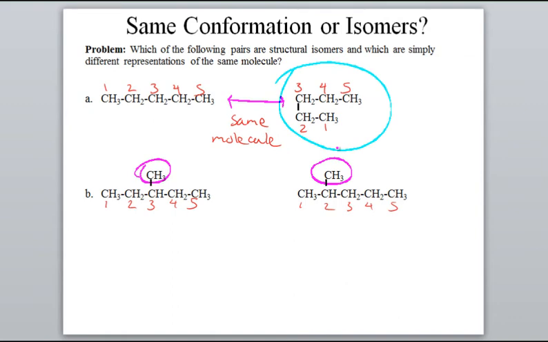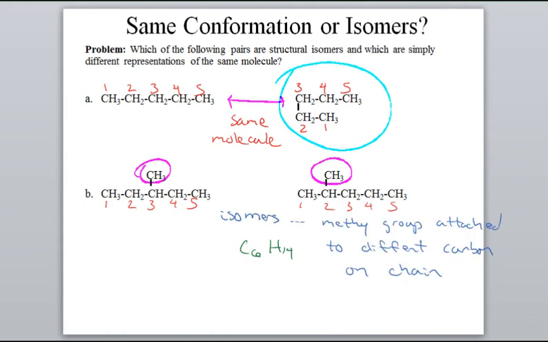For one of them, it's the very middle one, carbon number 3. For the other, it's carbon number 2. They both have the same formula. That's what makes them possibly isomers. So they're C6H14, but they have different locations of their attached group, so they're isomers. So I wrote isomers, the methyl group, I need to get my L on there again. The methyl group is attached to a different carbon on the chain.